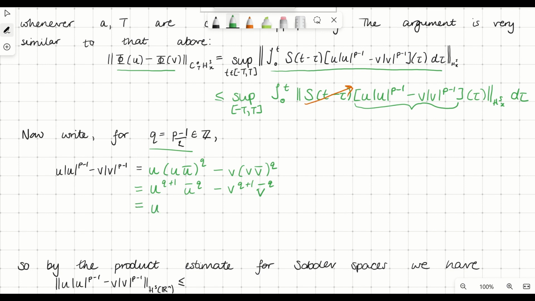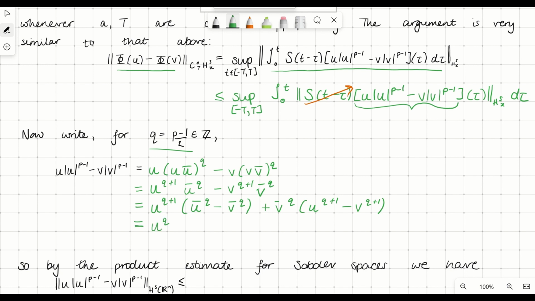So this is the difference of two polynomials. We have u^{q+1} times (ū^q minus v̄^q) plus v̄^q times (u^{q+1} minus v^{q+1}). Lastly, we factorize these differences.